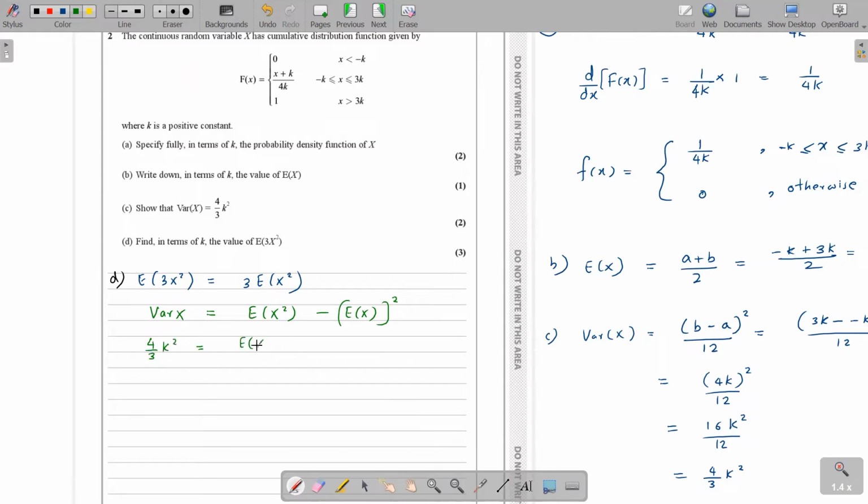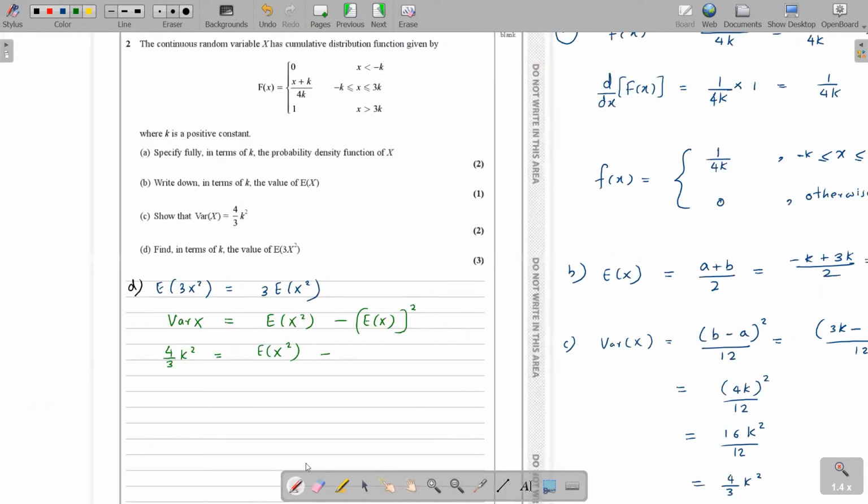E(X squared) is what we are actually trying to find. (E(X)) squared: what was the E(X) value? E(X) value was k. So k squared. Take it to the other side. 4 over 3 k squared plus k squared equals E(X squared). 4 over 3 k squared plus k squared is 7 over 3 k squared.